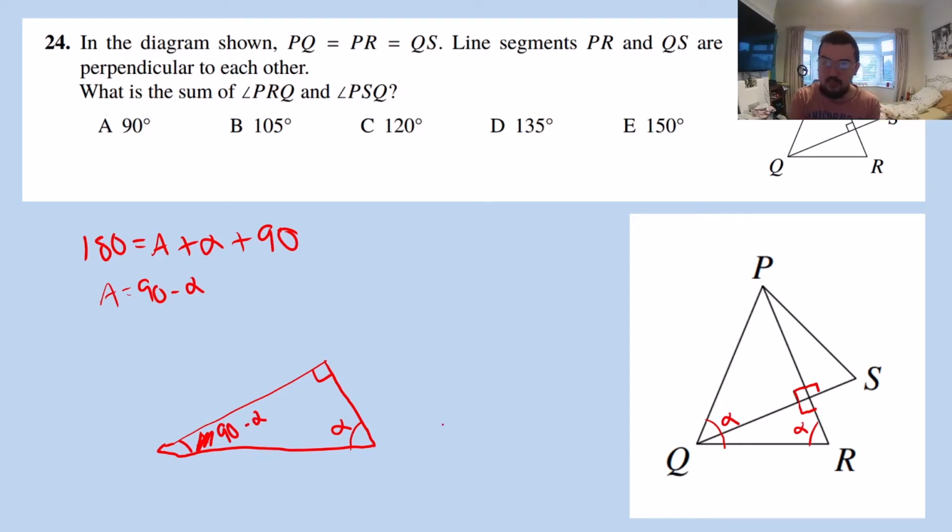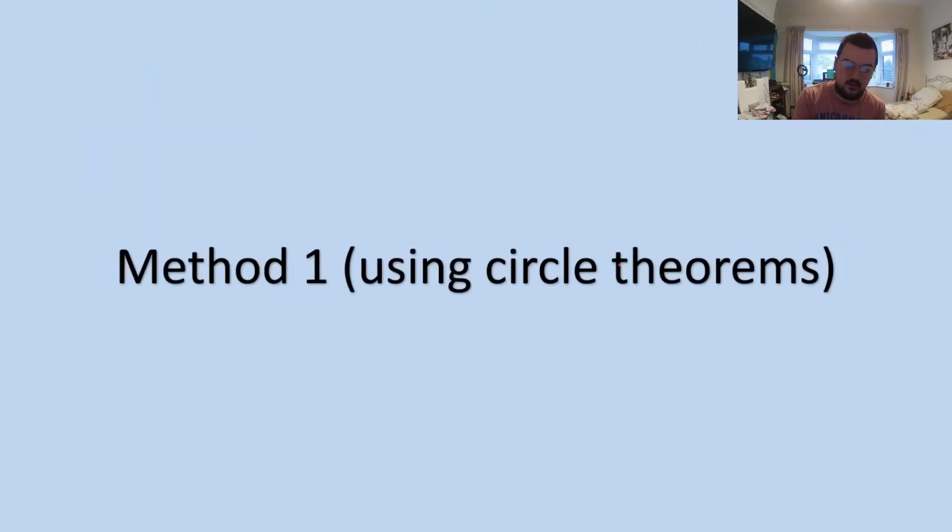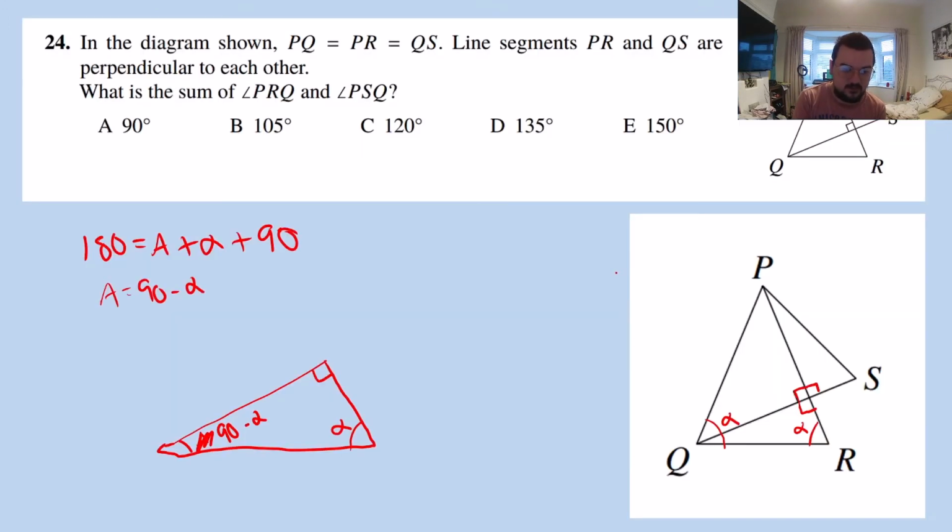Then we're going to go back to here, and we're going to call this angle here 90 minus alpha. Now what we want to do is find this angle here.